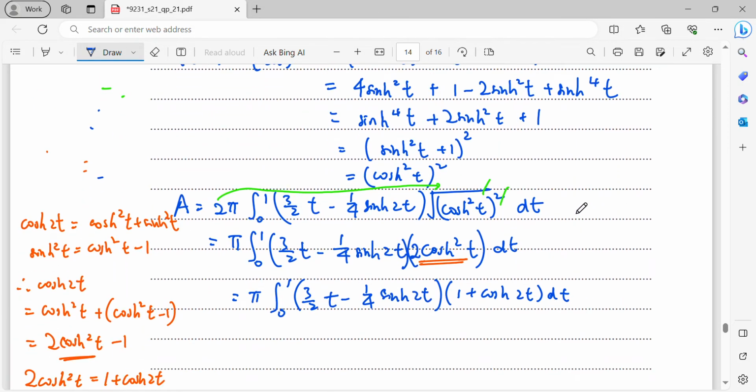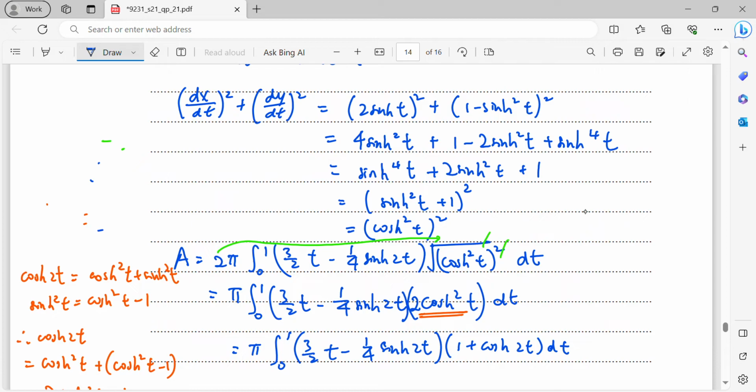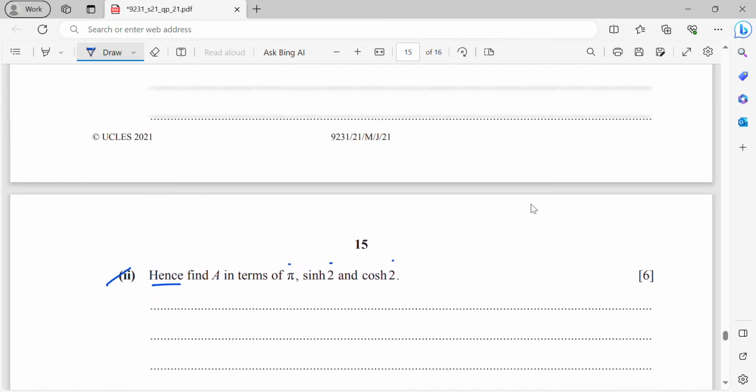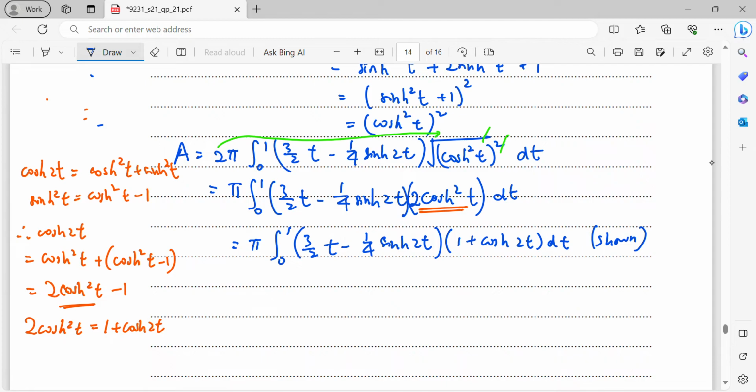So this is how I prove the expression for A. Okay, now part 2. Hence, find the A in terms of pi, sine 2, and cos 2. Means that now we need to integrate this. Okay, I will rewrite this expression in the next part.